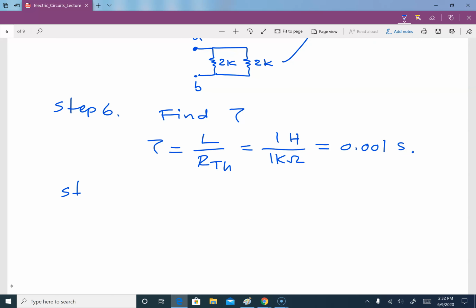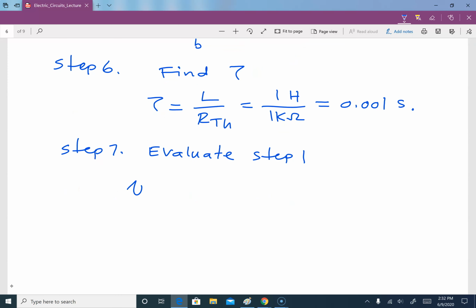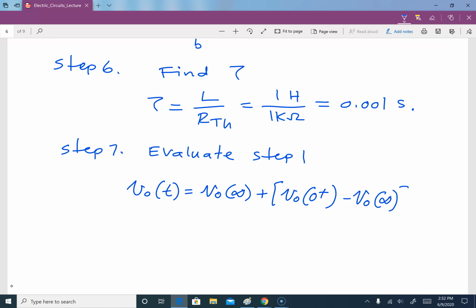Step 7, evaluate step 1. So our V naught of t is equal to V naught of infinity plus V naught of 0 plus minus V naught of infinity multiplied by exponential of negative t over tau.